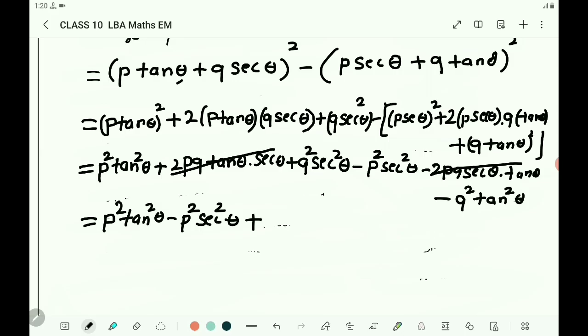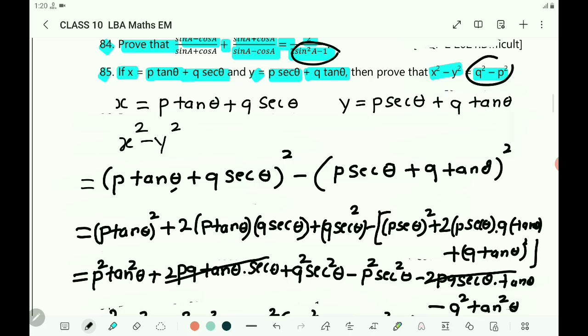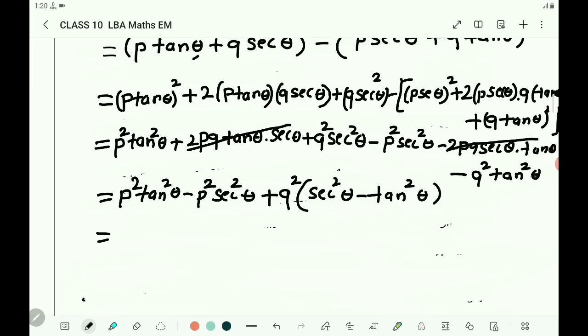Right, q square secant square theta minus tan square theta. Here we have to prove that q square minus p square. Then here p square common is there, remove that outside. P square into tan square theta minus secant square theta.